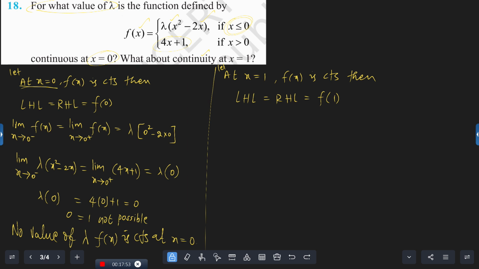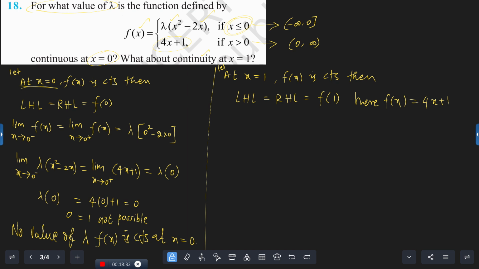The first interval means minus infinity till 0, and the second interval is open interval 0 till infinity, 0 not included. So 1 falls in the second interval, so we use the second function, f of x equal to 4x plus 1.